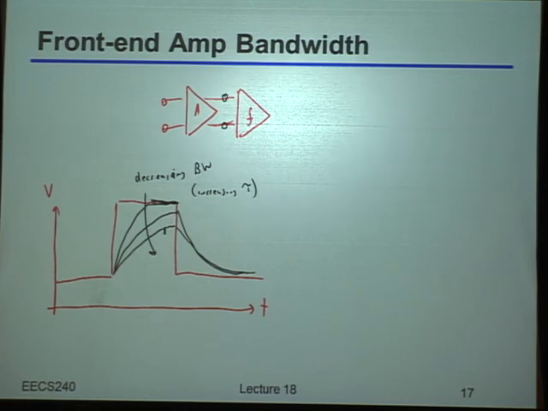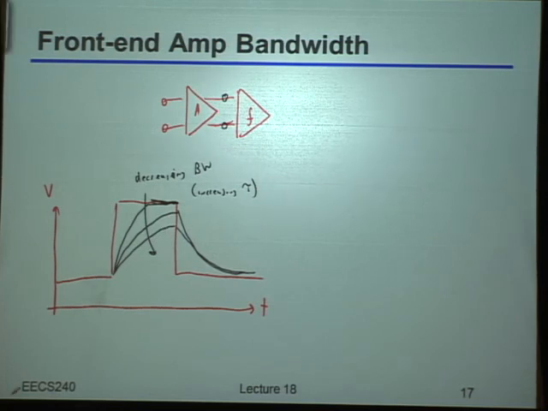And the larger that settling error is, the smaller that amplitude would be. So it turns out you can do an optimization to figure out what really is both the best gain and the best bandwidth to use if you want to minimize the power consumption for a given amount of input eye opening. I'm not going to walk through that optimization because it turns out there's a little bit of math involved, and that's one of the fun things that you can do in your own project.